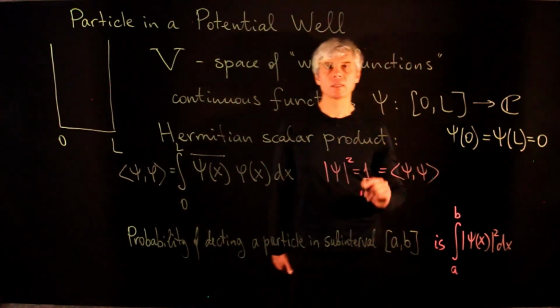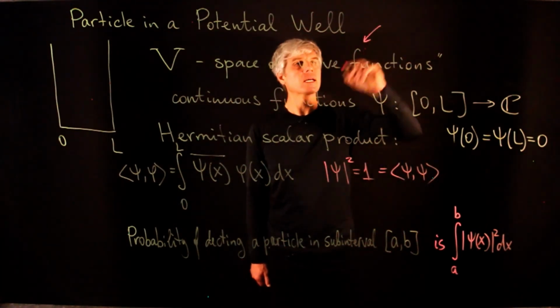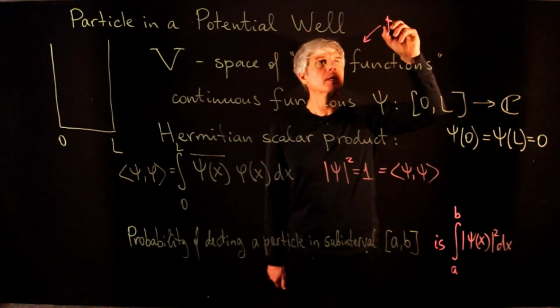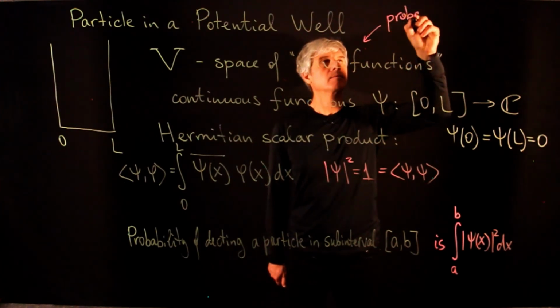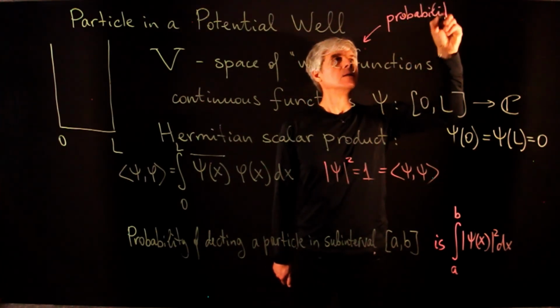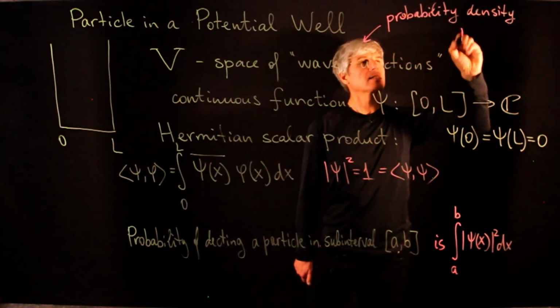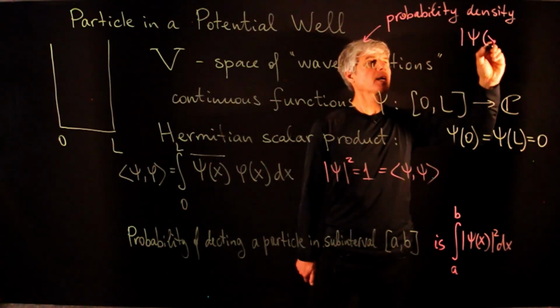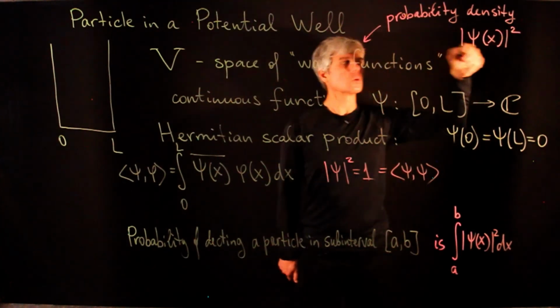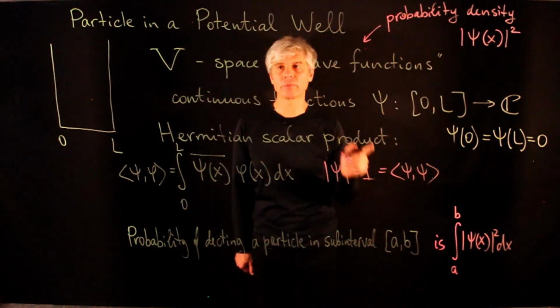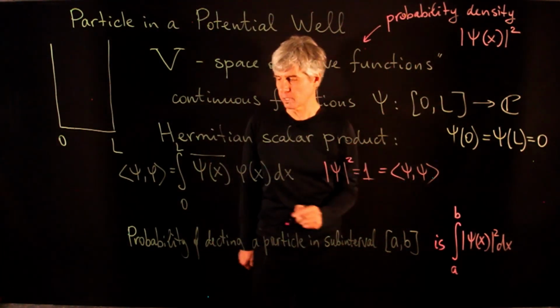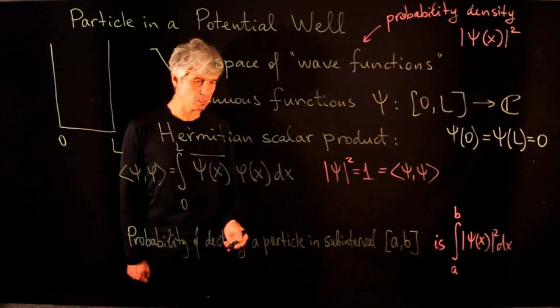So the wave function has the meaning of a probability density, or more precisely, the norm of psi of x squared is the density of the probability of detecting a particle in this region.